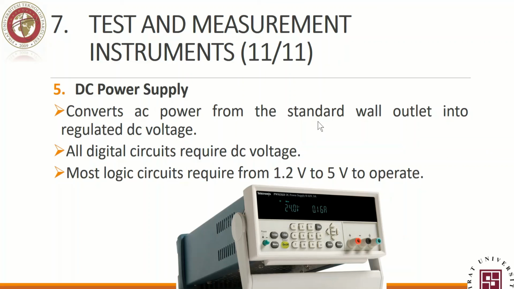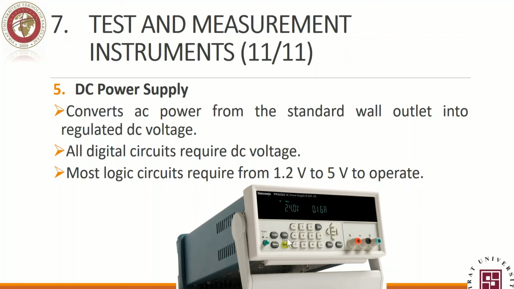The last part is the DC power supply. Why DC? All digital electronics require a DC power supply, and this kind of range usually works between 1.2 to 5 volts DC. So where do we get the DC power from?